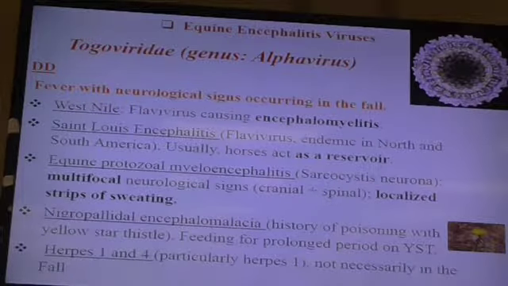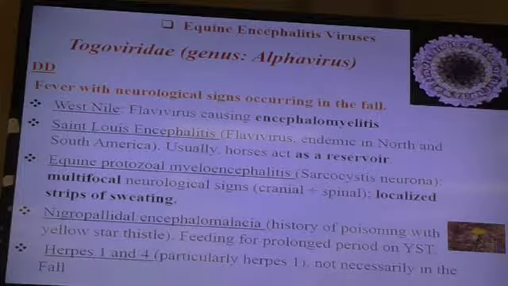And cystis refers to cysts in muscles. But when it comes to Sarcocystis neurona, in this case, the protozoa can enter the brain and can affect the neurons. So it causes neurological signs, both cranial and spinal, meaning it causes encephalomyelitis.